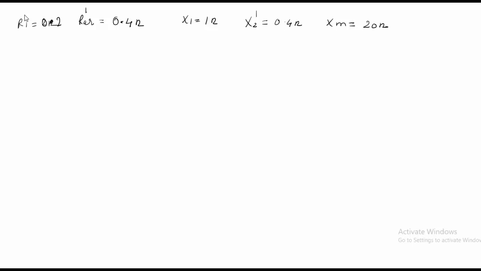The machine is a 600 volt machine, a 6 pole machine. It is 600 volt, which is a line to line voltage. And now the question is to find the power transferred across the gap, the power output, the efficiency, and the torque developed.